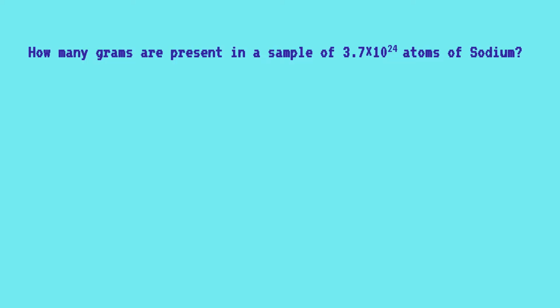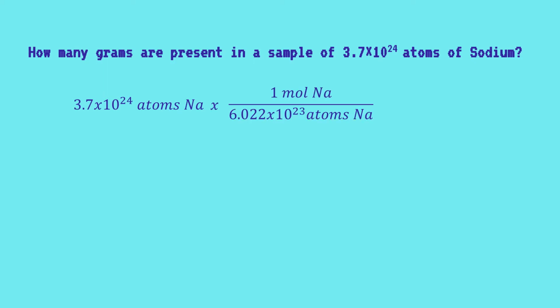Our first example. How many grams are present in a sample of 3.7 times 10 raised to the power of 24 atoms of sodium? Let's put first our given, which is 3.7 times 10 raised to the power of 24 atoms of sodium. Then we divide it by Avogadro's number, and 6.22 times 10 raised to the power of 23 atoms of sodium can be found in 1 mole of sodium.